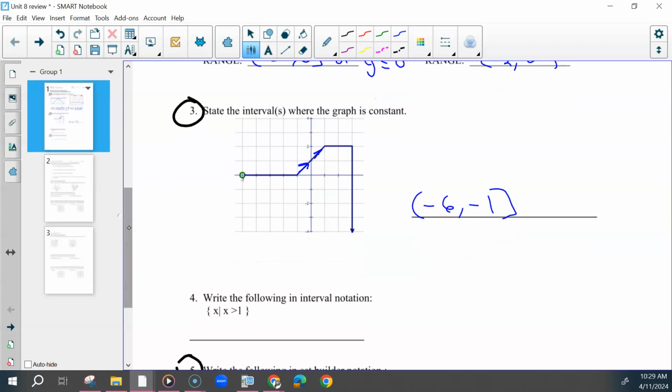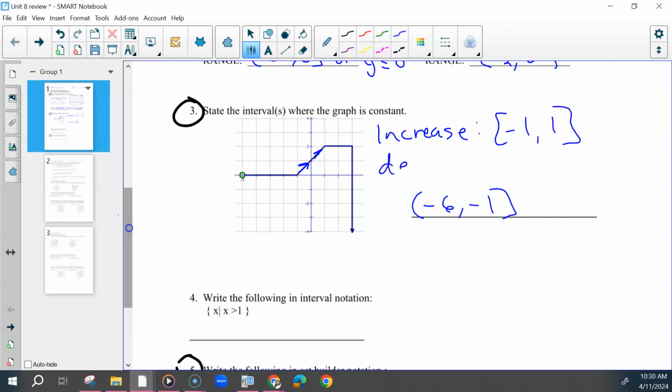So for this one, you pick where it starts and then where it starts to increase? So for this one, we're looking for constant. Constant was this. But for increase, I'll write that. It started at -1 and it stopped at 1. Okay.